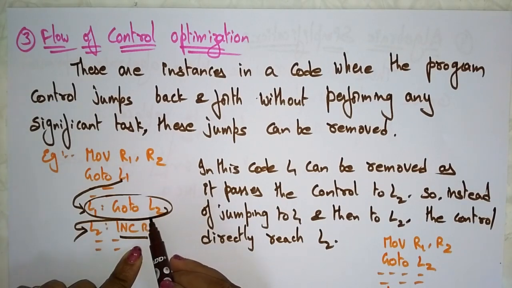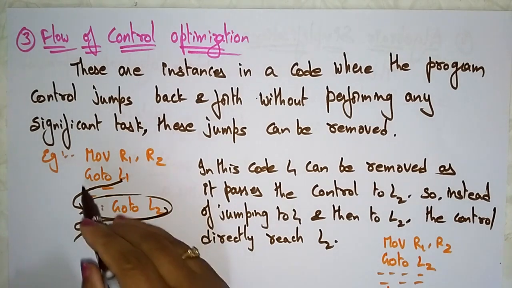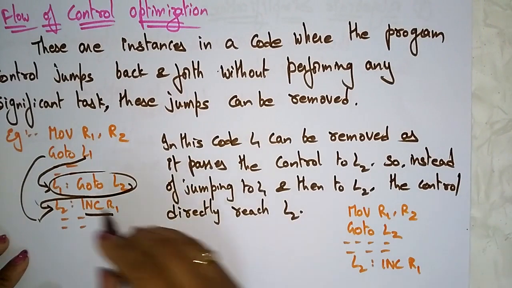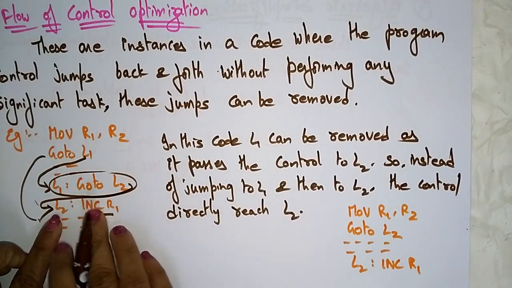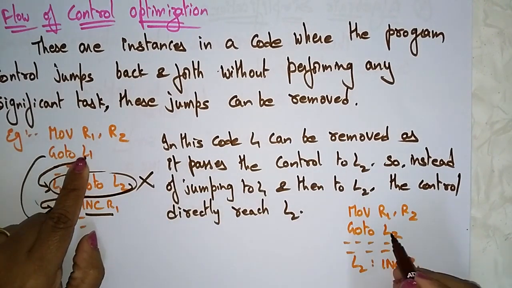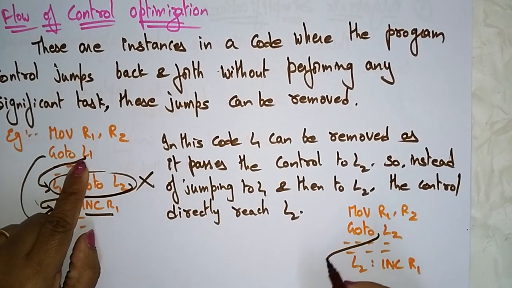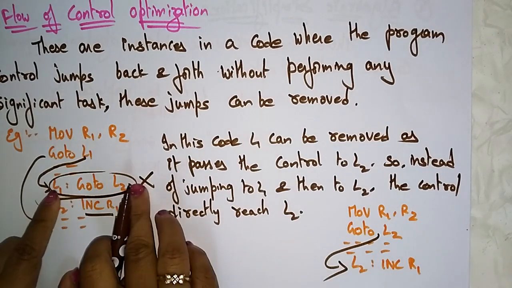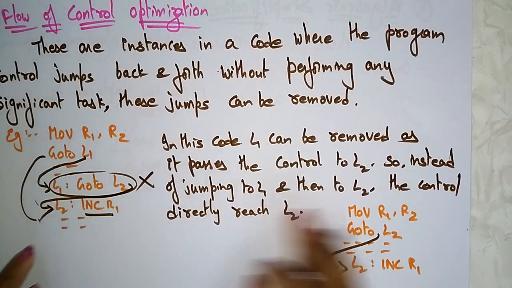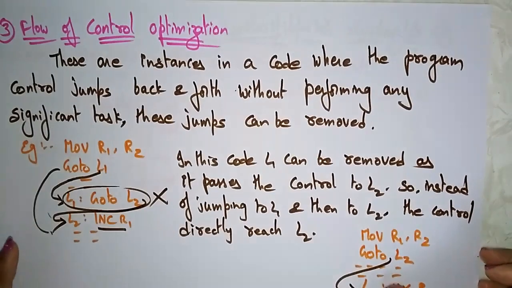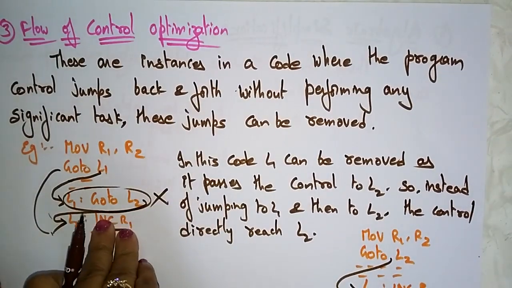So instead of jumping to L1 and then to L2, the control directly reaches L2, which is better. So here I just removed the unwanted jumps. I removed this L1, go to L2. In place of L1, I placed L2, and the controller directly jumps to L2. Because this is an unwanted jump. Here we are performing no operation. So if no operations are performed, then just remove that jump.